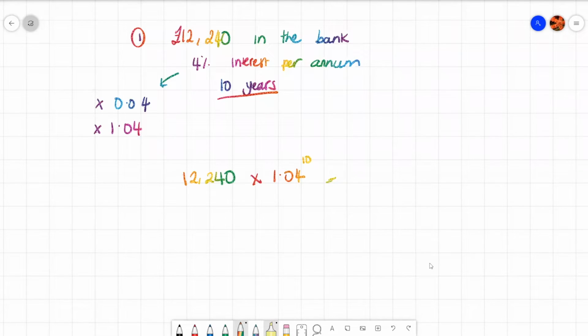And I end up with 18118.19005. So let's round that. £18,118.19. That's how much money I will have at the end of my 10 years if I left £12,240 in the bank and the bank's giving me 4% interest.